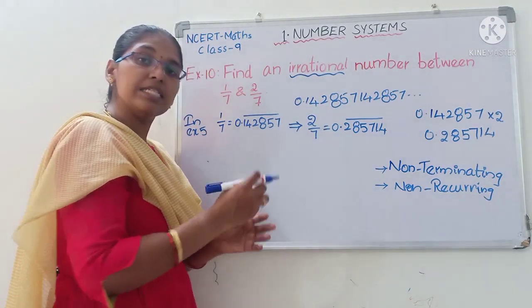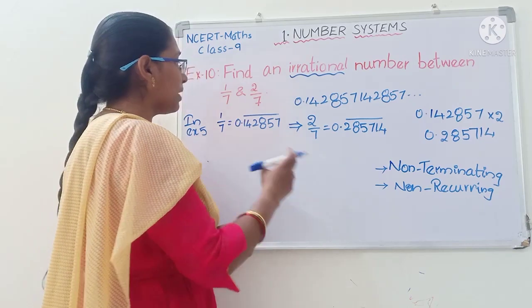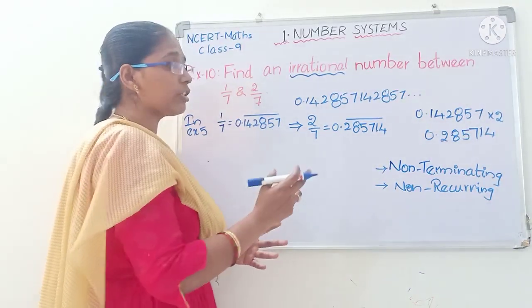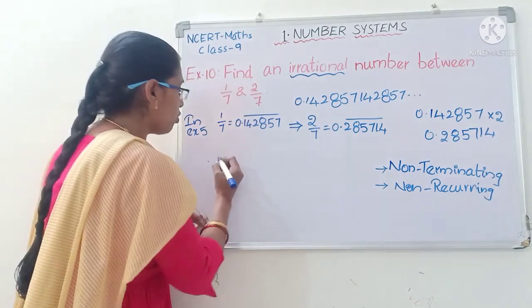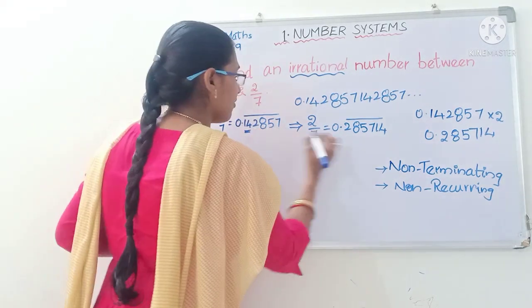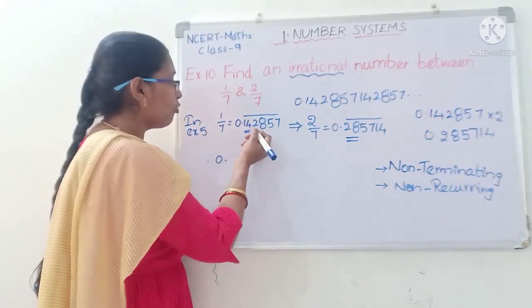Non-terminating means that decimal expansion does not end at all, and non-recurring means it does not repeat. Here in rational number, this block of digits are getting repeated, but in irrational number that doesn't repeat. So you can write anything, children, between 0.142857 and 0.285714.